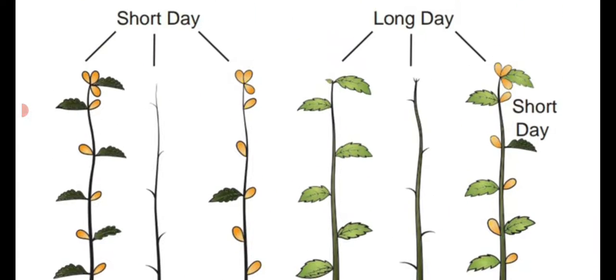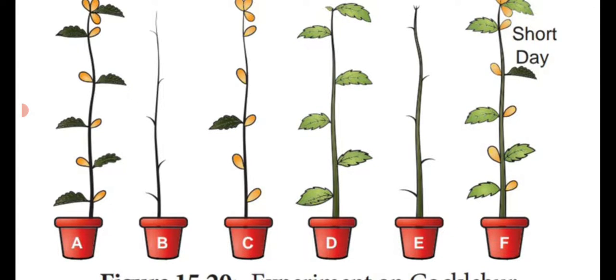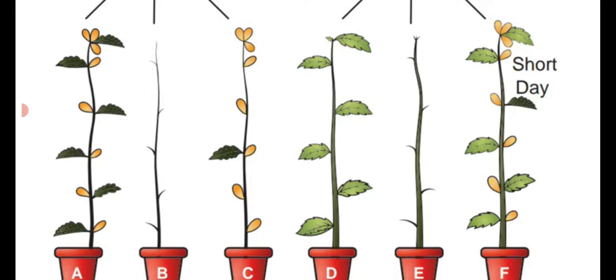See the first 3 potted plants, that is cocklebur. They have taken the short day plant. Short day plant means the plants which require short critical day length for flowering. See in the potted plants, the first one contains many leaves, and the leaves are producing flowers.